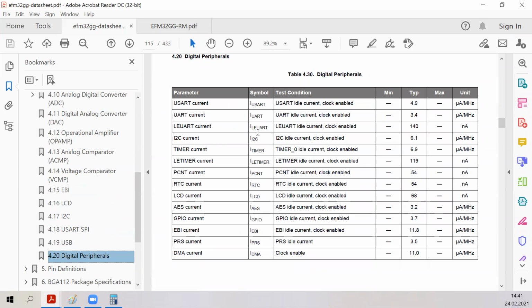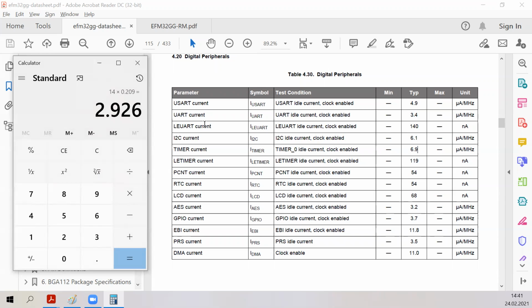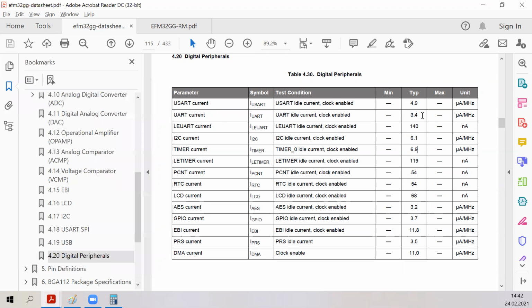It is written here, for example, if we have a timer running, then it adds extra 7 microamps per megahertz. So for this, we would need to add 7 times 14, so approximately it's 0.1 milliamp extra energy. And if we're running UART, so another 3.4 times megahertz. So all of these peripherals add to the power consumption.